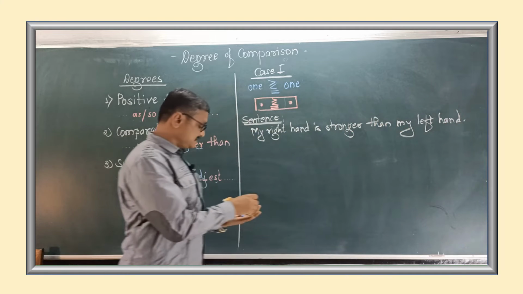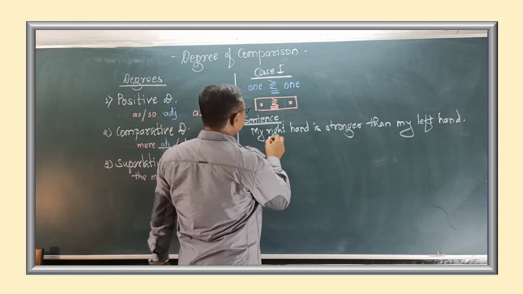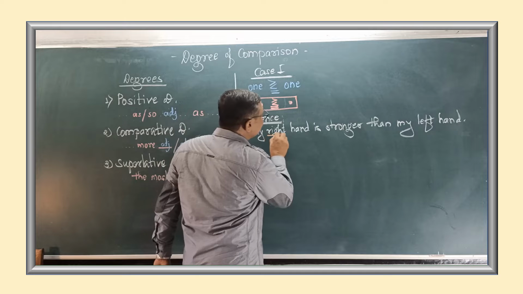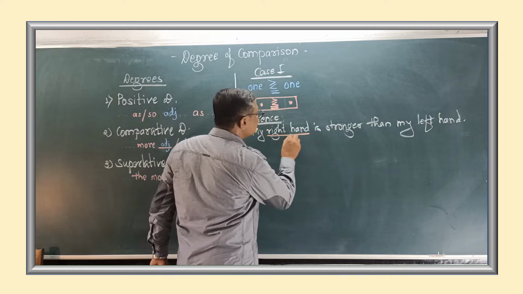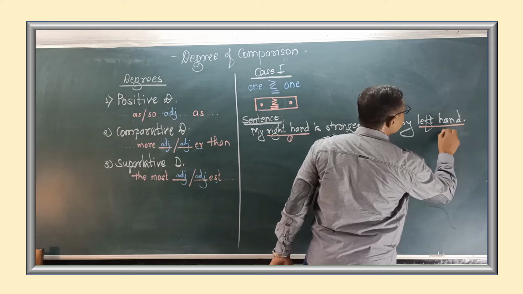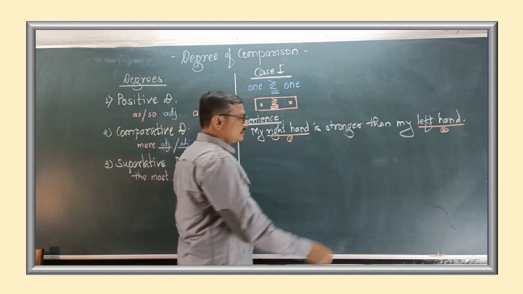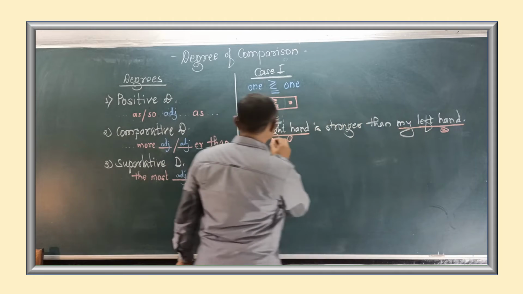In this sentence, you can see the two objects mentioned here. Right hand is the first object and left hand is the second object. My left hand and my right hand.